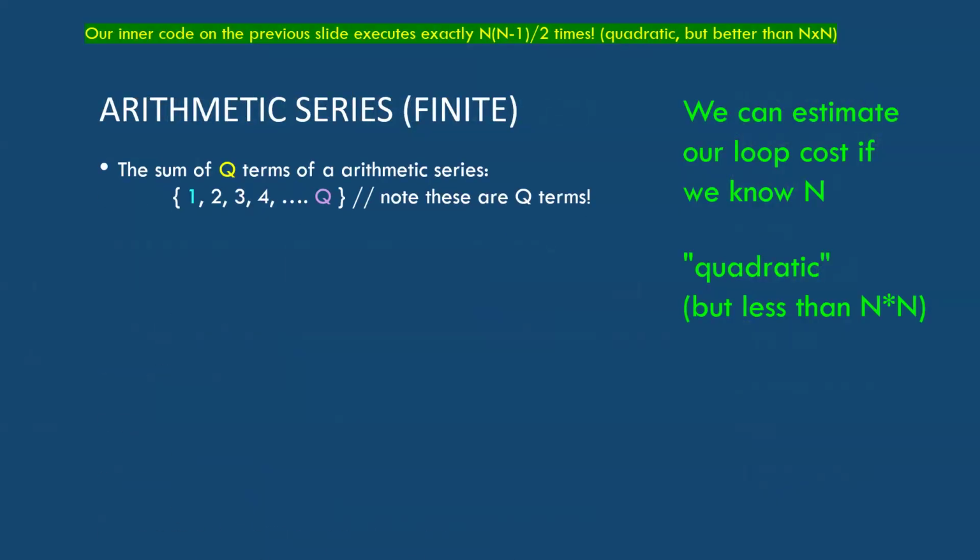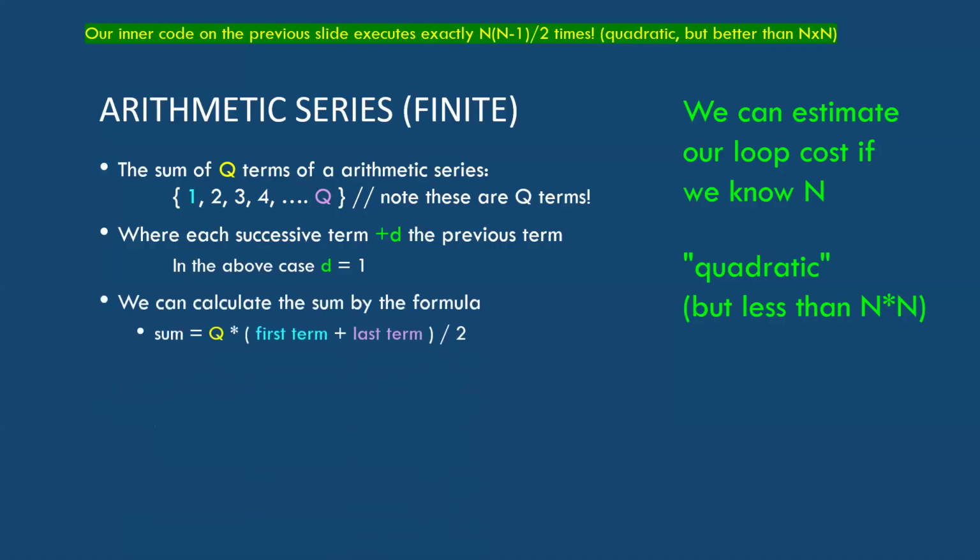So arithmetic series, if we have q terms that start with 1 and go to q, then they're changing by 1 every time. And the formula for that is just q times the first term plus the last term over 2. Okay? So for the moment here, I'm using q as the number of terms, and it coincidentally lines up with the last term as well. So I've kind of moved us halfway to our loop analysis here.